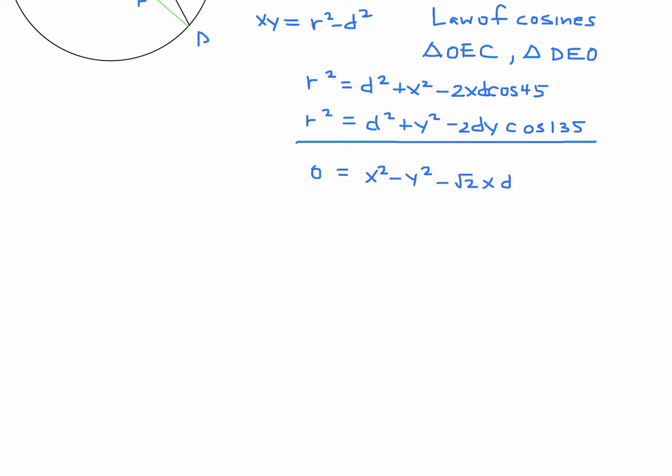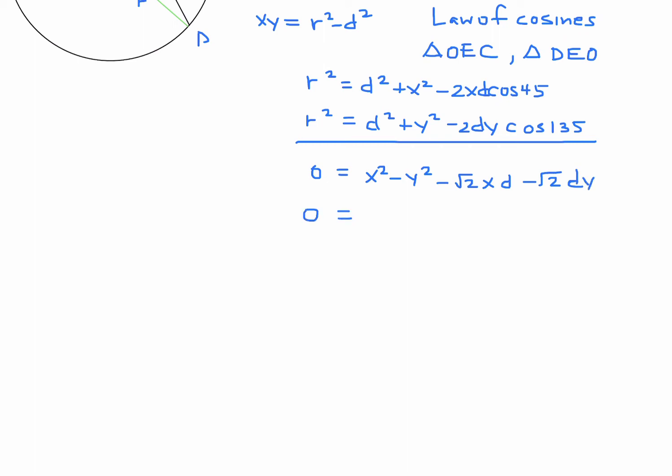And then cos of 135, that is also the same, except the sign is different. So that's going to be negative. That will become positive, and when we subtract it, it will be a negative. So minus root 2 dy.